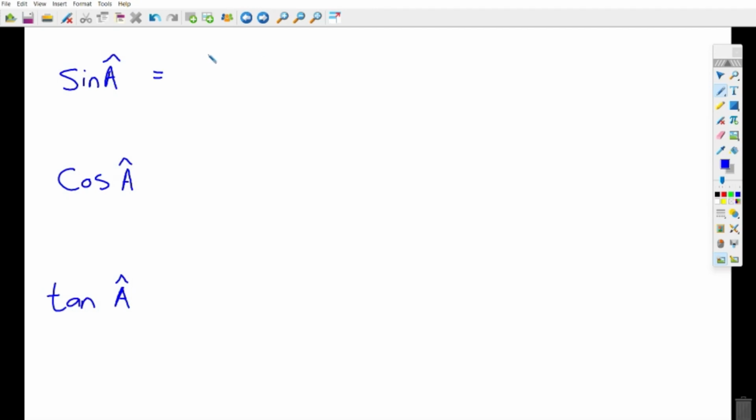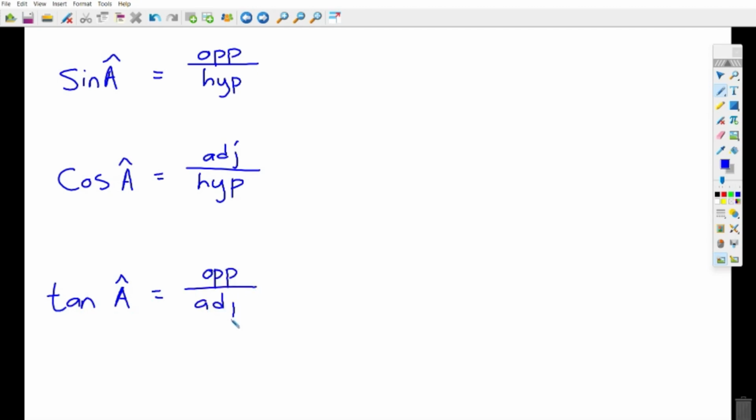It's opposite over hypotenuse. Very good. What is cos of A equal to? Give me the ratio. Adjacent over hypotenuse. And what is tan of A equal to? Opposite over adjacent. Very good.